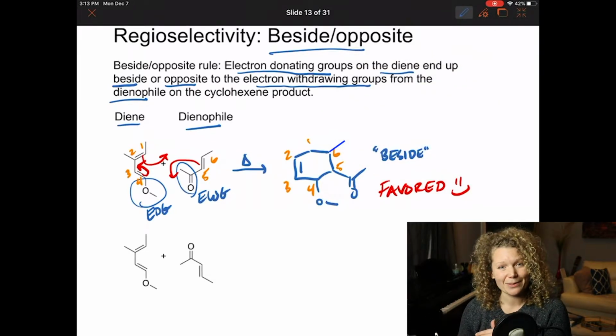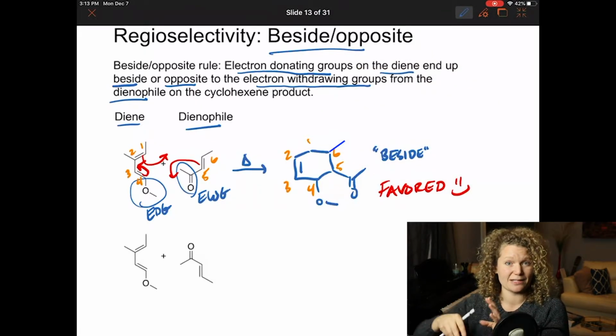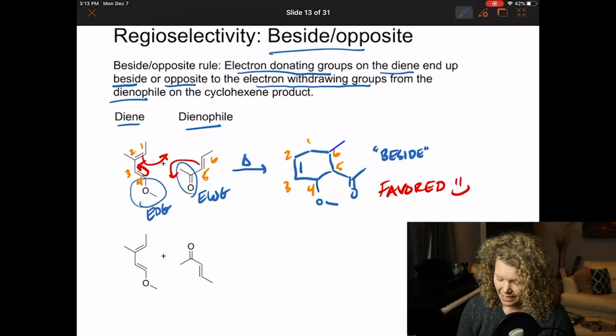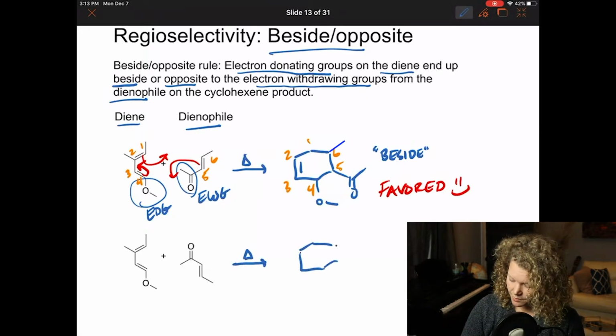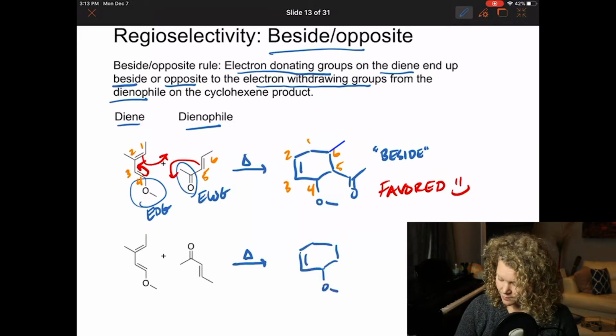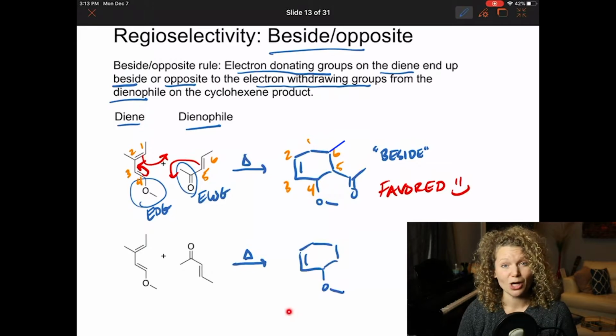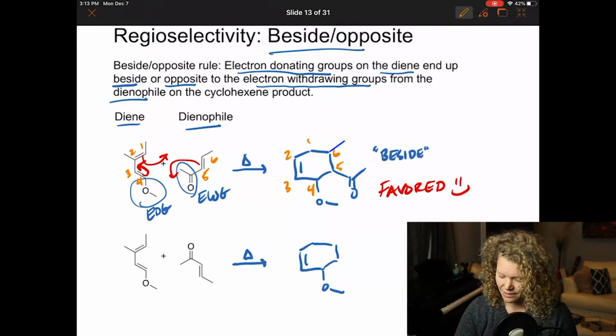Let's look at the bottom example and let's see what happens if we flip our dienophile and see what kind of product we get. Here I've got my methoxy on the bottom carbon, and then the ketone here, it would have been on carbon 6. Let's count these carbons here. 1, 2, 3, 4, and then 5 and 6.